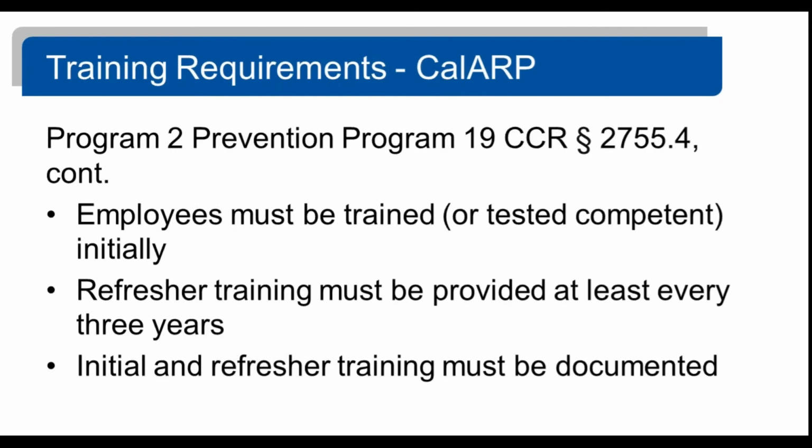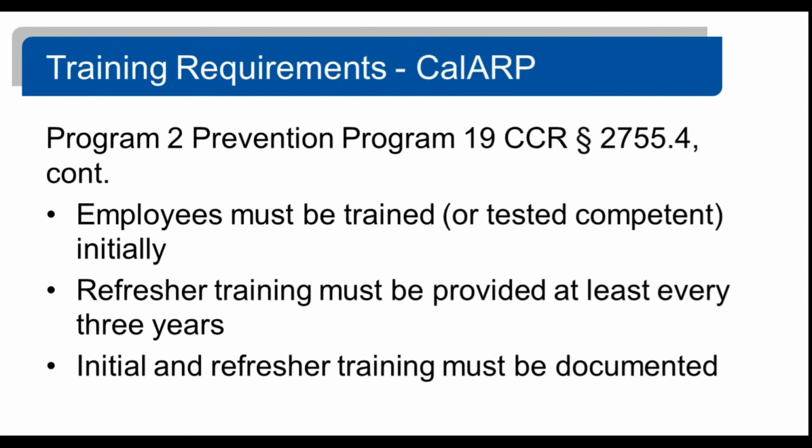Now, employees must be trained or tested competent initially. So there is a means, rather than actually train these employees, where they could test competent on performing the operations that were formally mentioned. So if they test competent on the operations associated with a covered process, that could meet the initial training requirements.